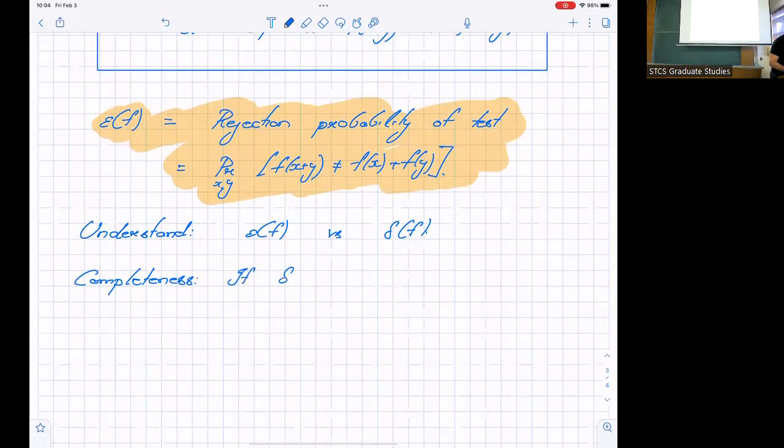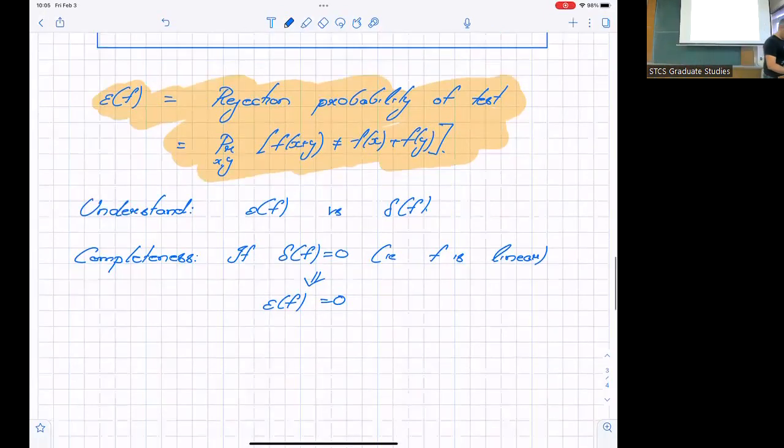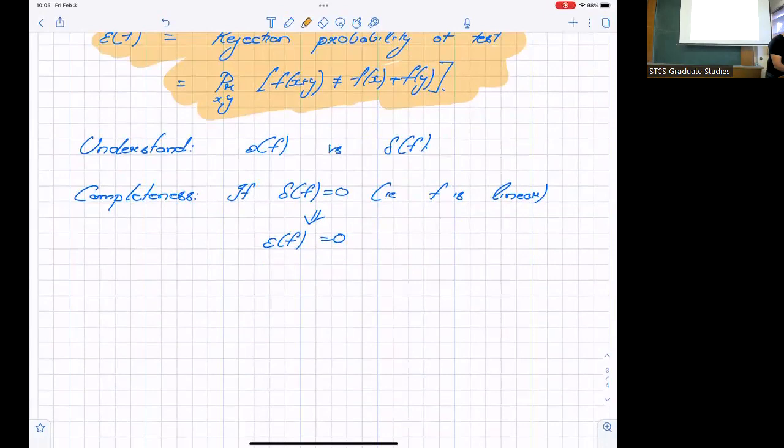If delta f is 0, that is, if f is linear, then the test accepts, so epsilon f is also 0. In fact, this is an if and only if, because that's the definition of linearity. We showed that's an alternate definition of linearity. So that's completeness.